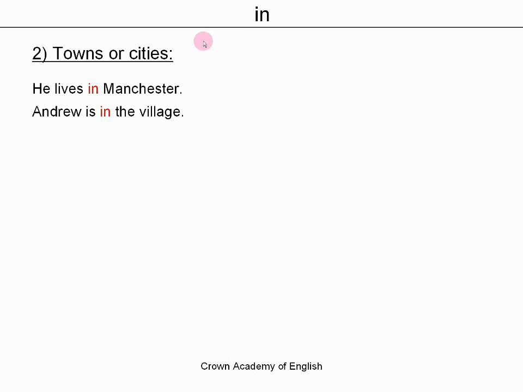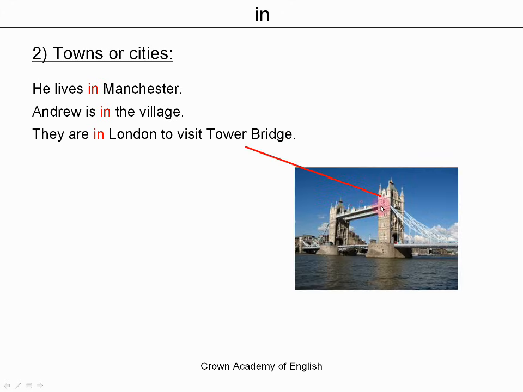Andrew is in the village. They are in London to visit Tower Bridge. So here is Tower Bridge, which is in London. So this is very important. Towns or cities, we use the word in, etc.